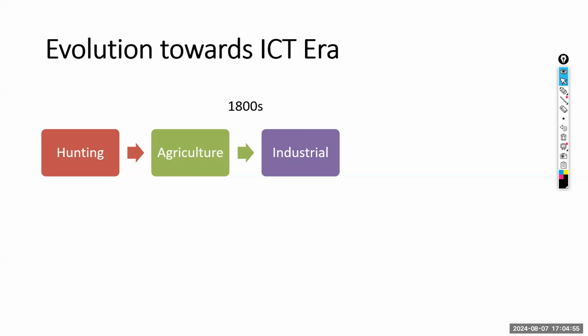But we are no longer in industrialization. It doesn't mean that we have gone back, but now we are in the information era. We moved from the industrial era to the information era somewhere around the 1990s, about 20, 30 years ago.